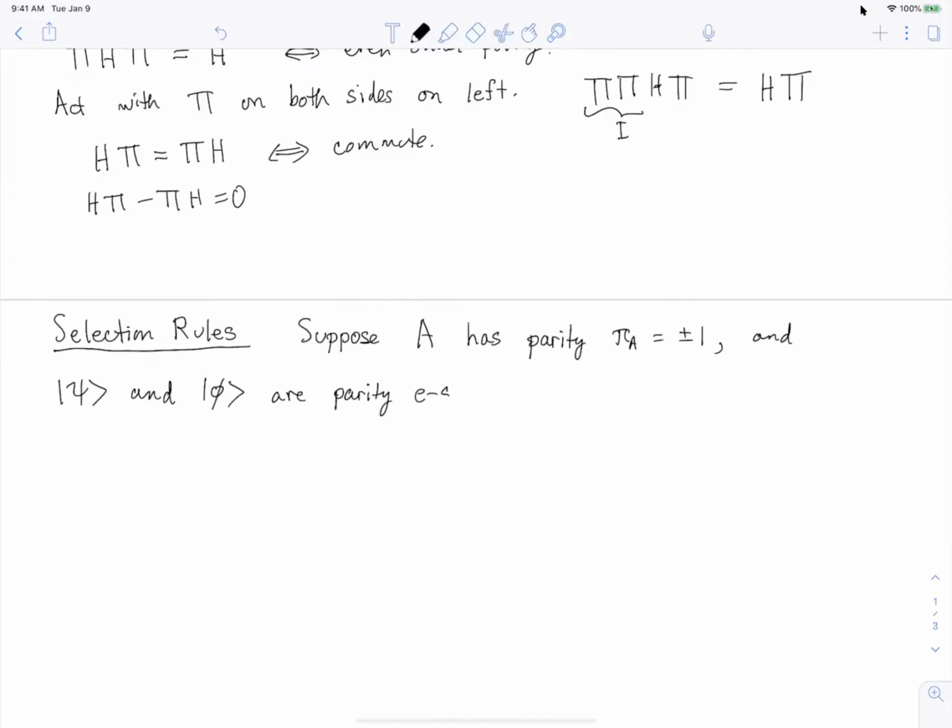One way this could happen is if your Hamiltonian is even under parity, and then you classify your energy eigenstates as even or odd under parity. But it could even happen if the Hamiltonian is not even under parity, and your state just happens to be an eigenstate of parity. So these are parity eigenstates with eigenvalues pi psi equals plus or minus 1, and pi phi equals plus or minus 1. Okay, then consider the following matrix element, phi A psi.